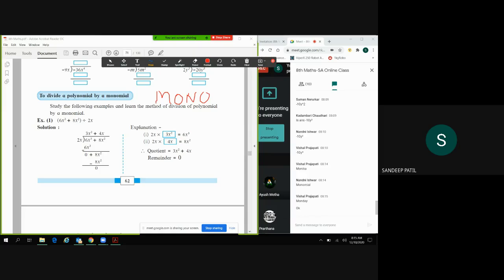There is one very good book, Word Power Made Easy by Norman Lewis. That is a very good book if you want to learn. They have shown tricks: if you know one word like mono, how do you relate it to different words, and you can easily relate new words.